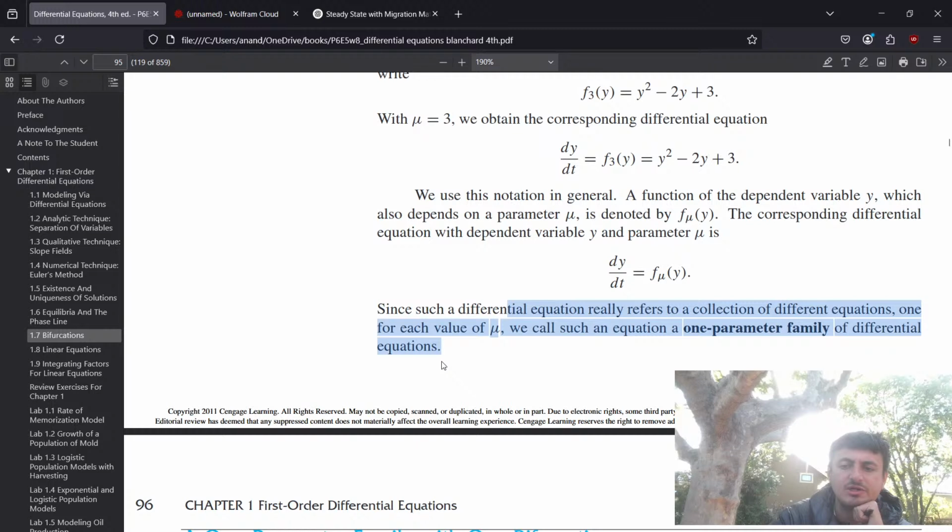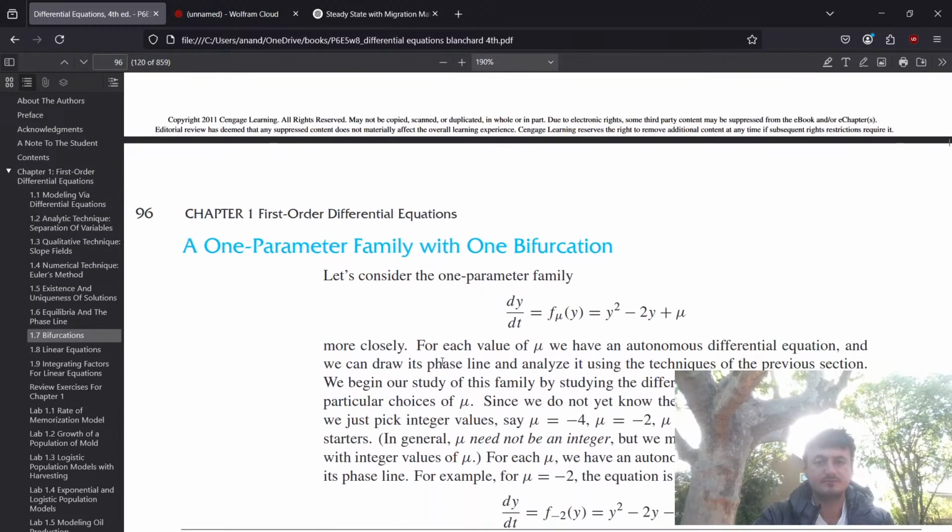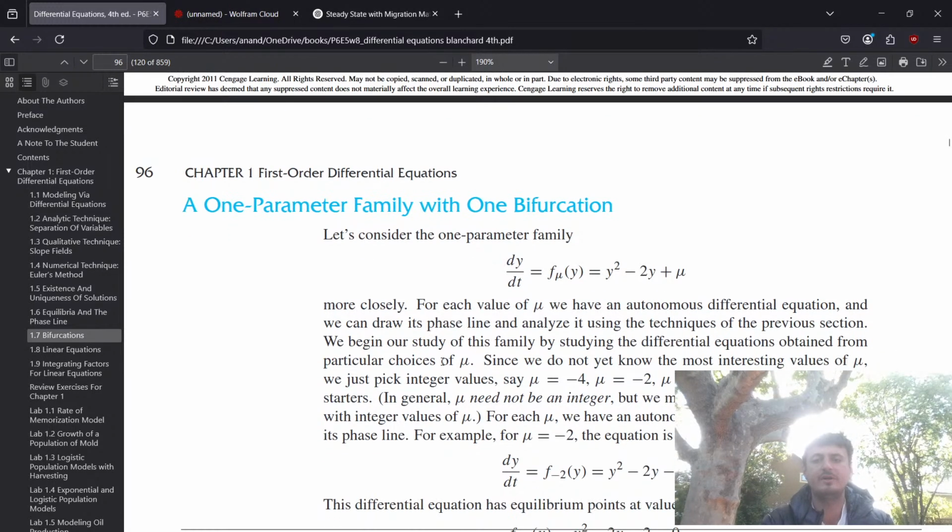We call such an equation a one-parameter family of differential equations. Okay. A one-parameter family with one bifurcation.